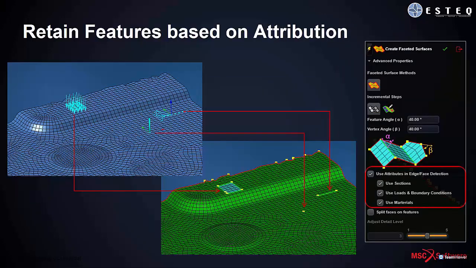Another thing that is quite useful is, should the BDF that you import have loads and pressures and other boundary conditions applied, Apex will automatically treat those as separate regions and create section geometry for it.